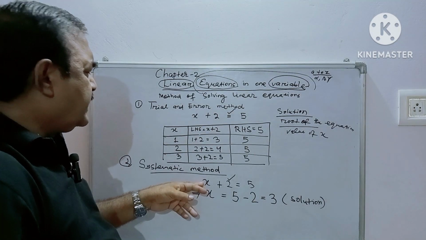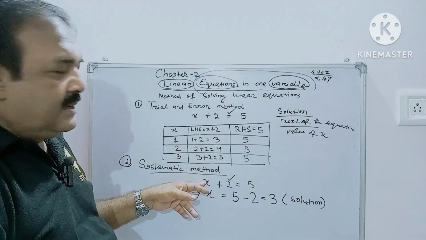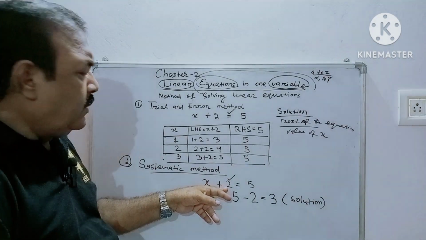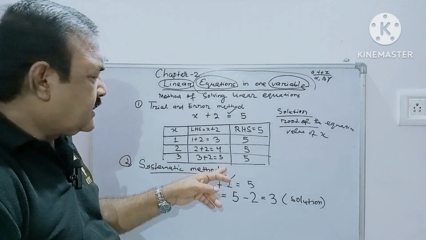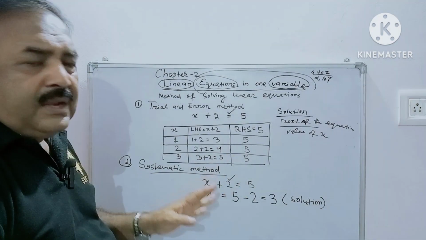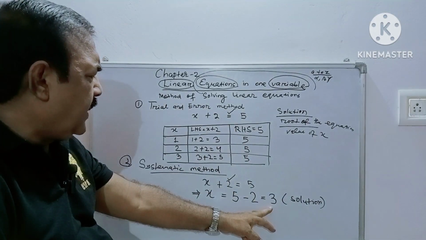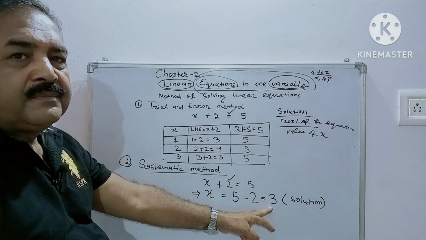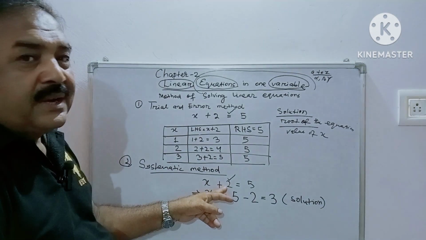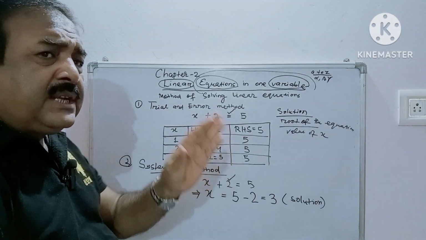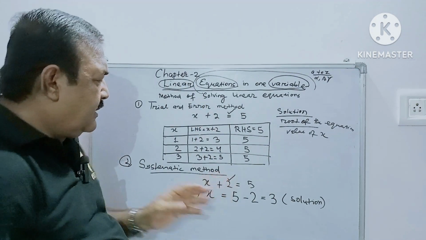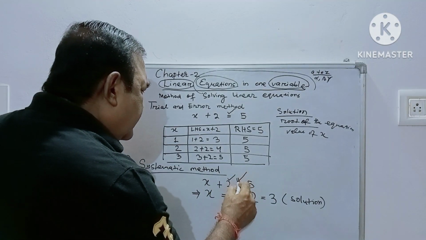If I take x is equal to 4, then 4 plus 2 will be equal to 6. So 6 is not equal to 5. So for the definite value of the variable, the equation is satisfied. An equation is an equality because the sign of equality is here.